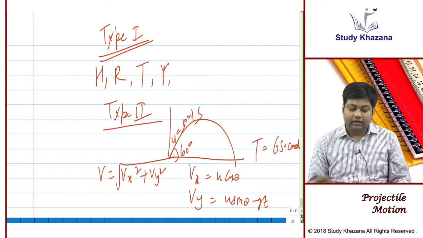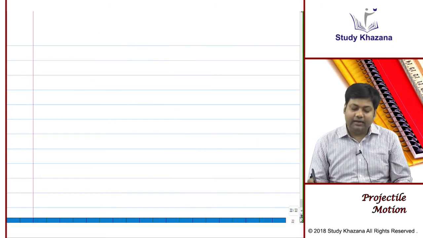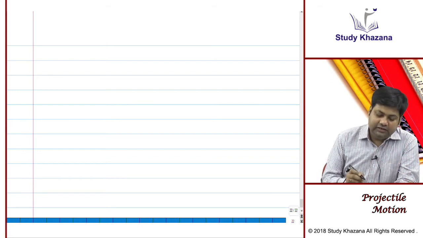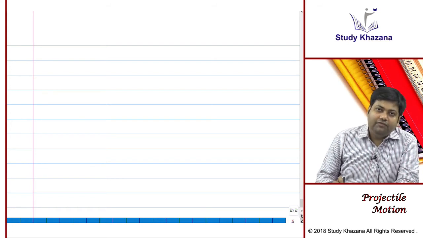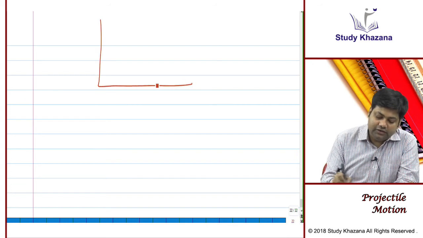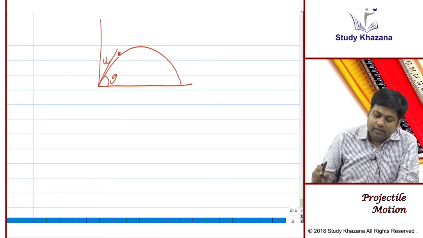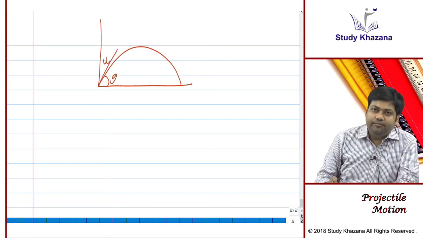So that is one. Another type of problem which can be asked: we were mentioning it earlier also, if a body is projected with a velocity, let's say u and theta initially, after what time will the velocity of the body become perpendicular to the initial velocity.